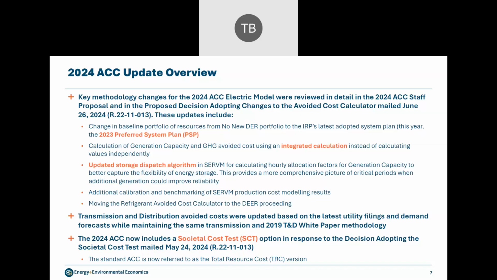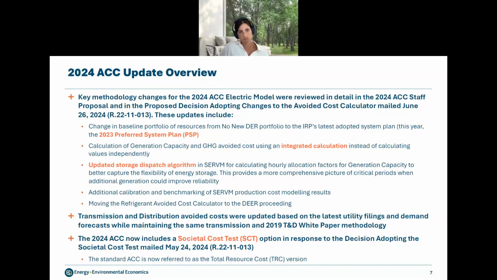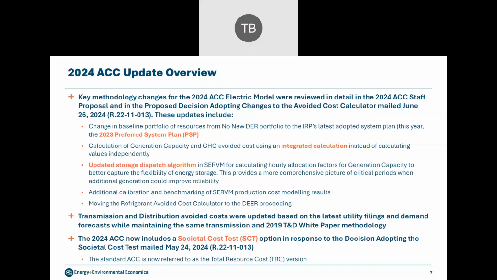So I just wanted to raise that and ask, what's going to happen if the final decision on the 2024 ACC differs from the proposed decision, and how will parties know how those changes affect the values in the 2024 ACC? Will there be another workshop? Will there be a republishing of the draft?